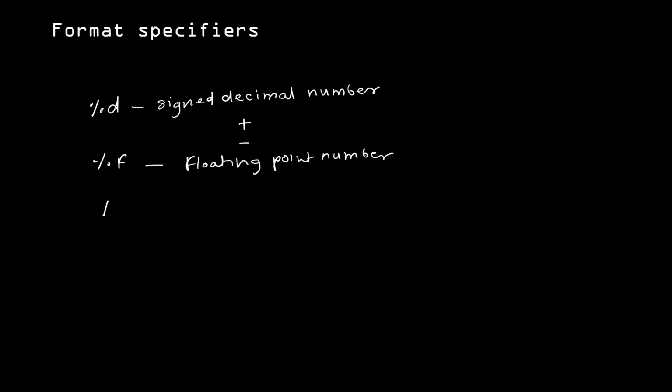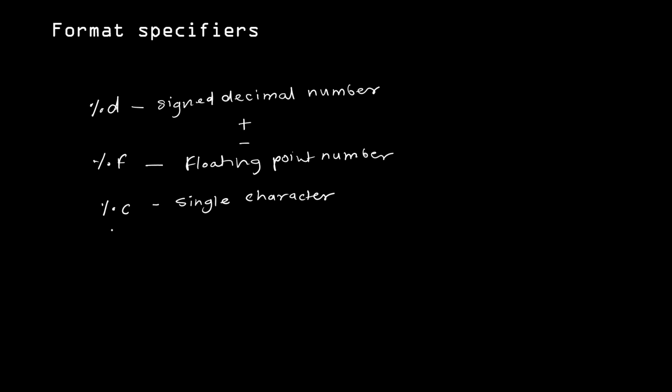To get a single character, I am going to use %c. So %c will get us a single character as input, or we can represent a single character as output using %c. So now let's understand the third one.